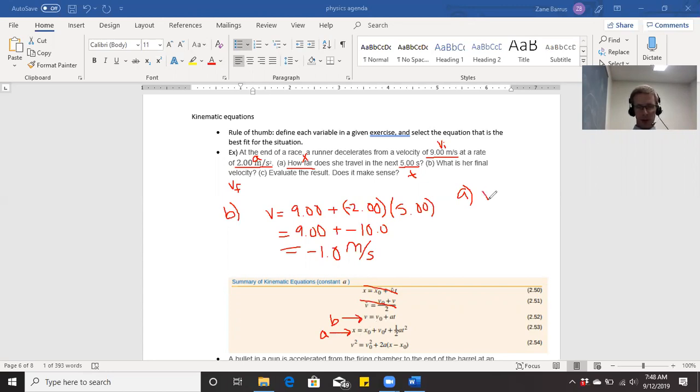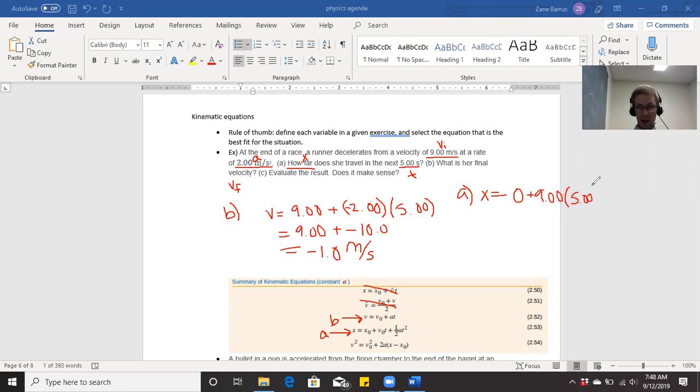So if I want to figure out what my final position is, my initial position is 0. I'm going to add on to that my initial velocity, which is 9.00, times the time which has elapsed, which we read from the problem was 5 seconds.